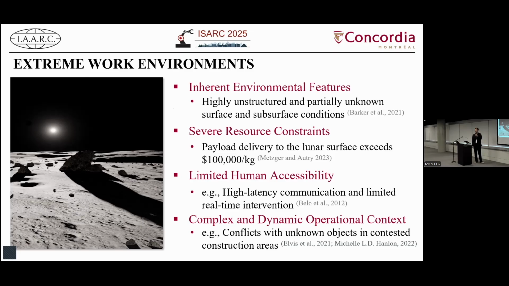On top of that, the robots may encounter complex and dynamic operational contexts, such as unidentified objects in the lunar surface construction area, which may come from another country, because the lunar surface is a gray area for now. These challenges necessitate a higher level of autonomy.